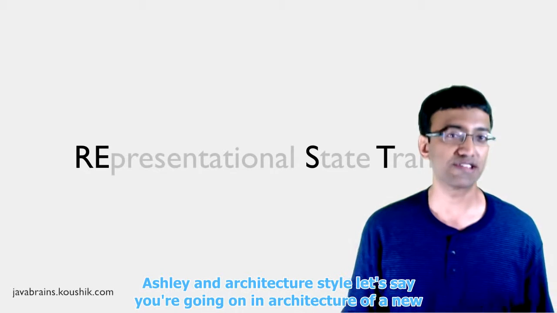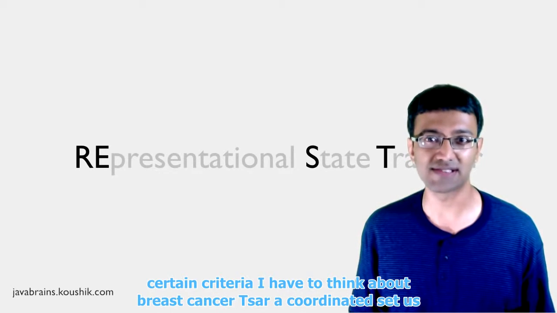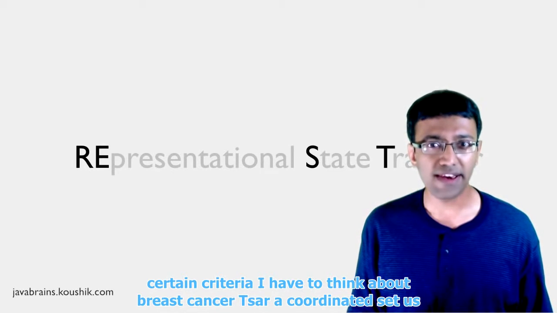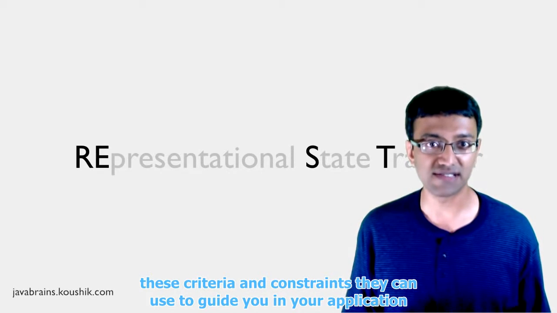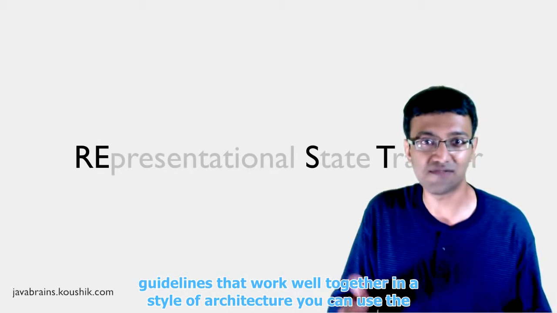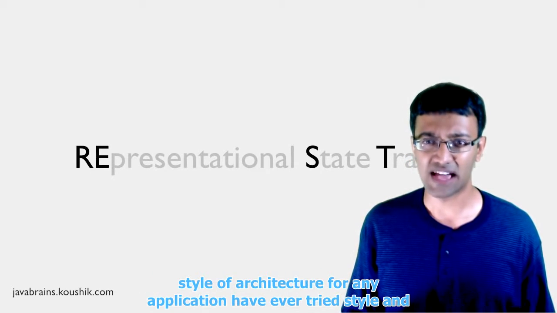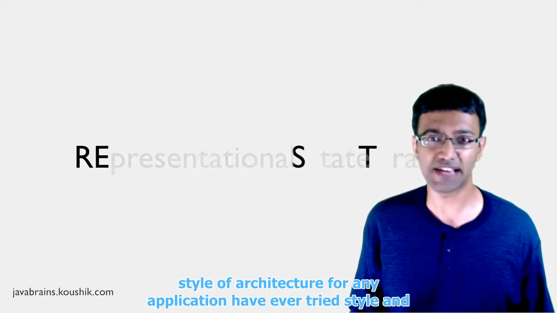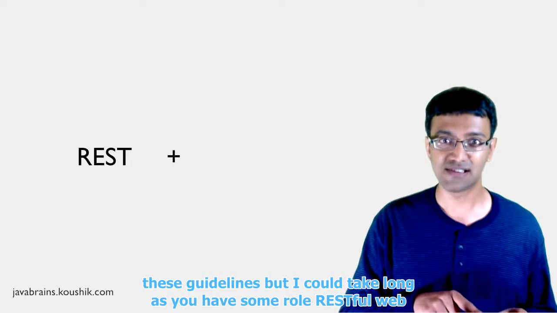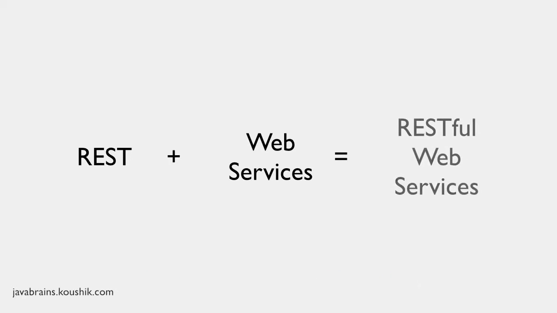Let's say you're working on the architecture of a new application. There are certain decisions you need to take, certain choices you have to make, certain criteria you have to think about. REST consists of a coordinated set of criteria and constraints that you can use to guide you in your application architecture. It's a set of guidelines that work well together. You can use this style of architecture for any application. However, if you apply the style and these guidelines when architecting a web service, you have, drumroll, RESTful web services.